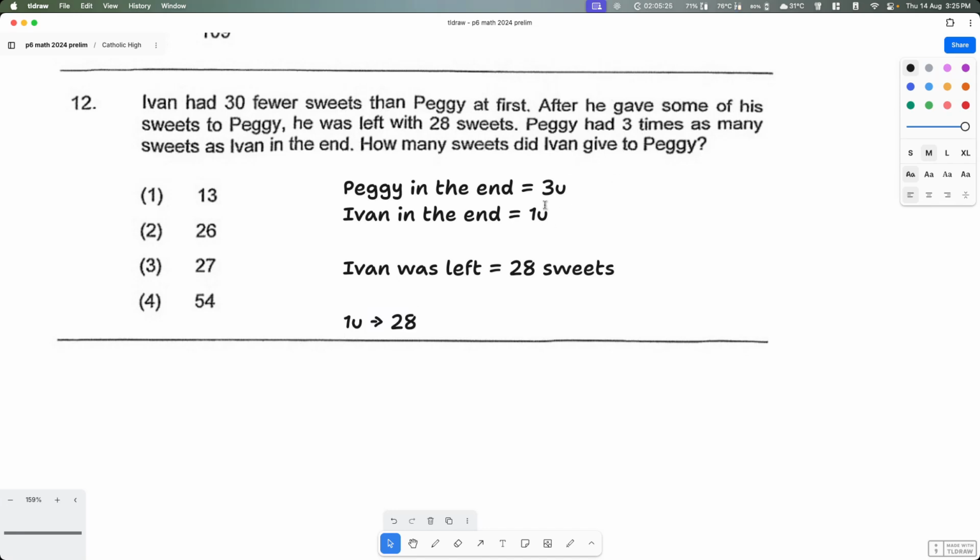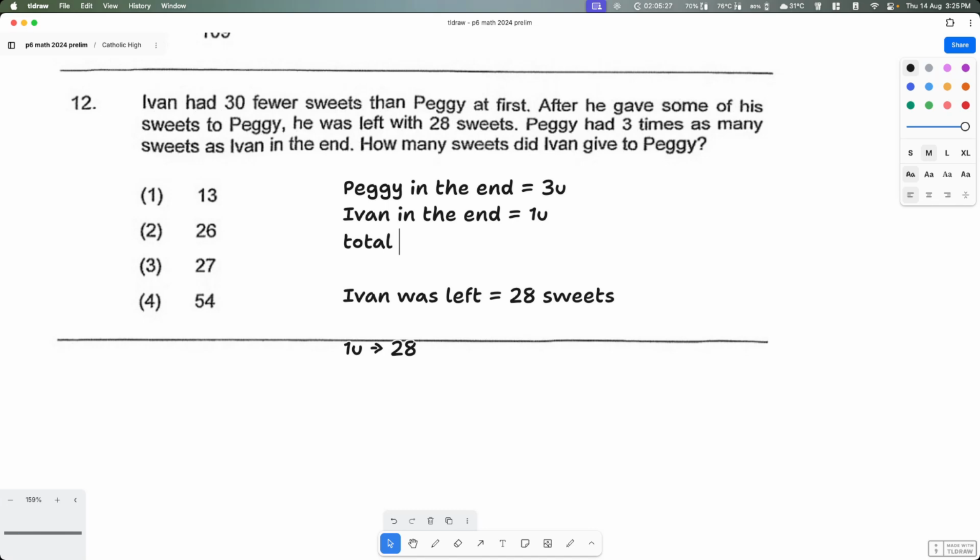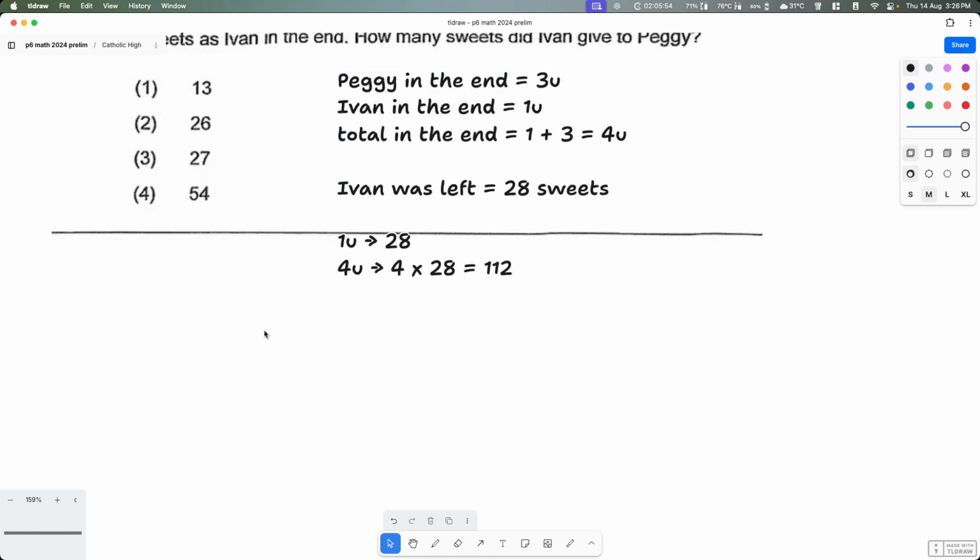Okay, and then we want to get a total, so the total in the end is equal to 1 plus 3, equal to 4 units. So 1 unit is 28, so 4 units is equal to 4 times 28. If you calculate this, it will be 112. So now we know 4 units is 112. We know that's the total. So if I were to draw a quick model, Ivan and then Peggy.